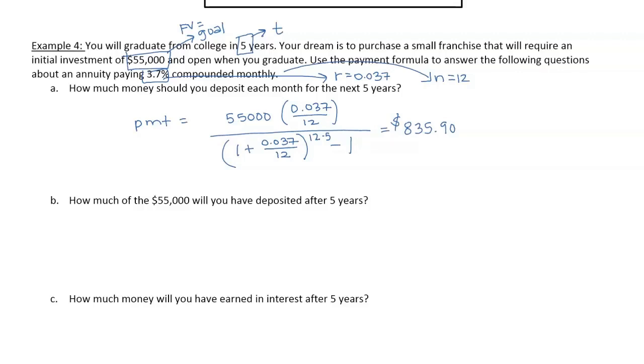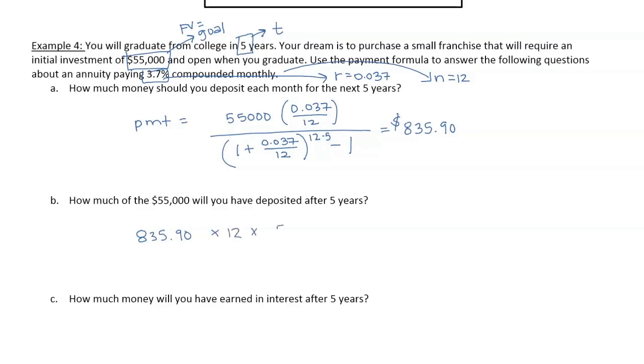For part B, how much of the $55,000 will you have deposited after 5 years? So in part A, we found the monthly payment. So that's $835.90. And this will be paid every month, so times 12 every month, for 5 years, so times 5.